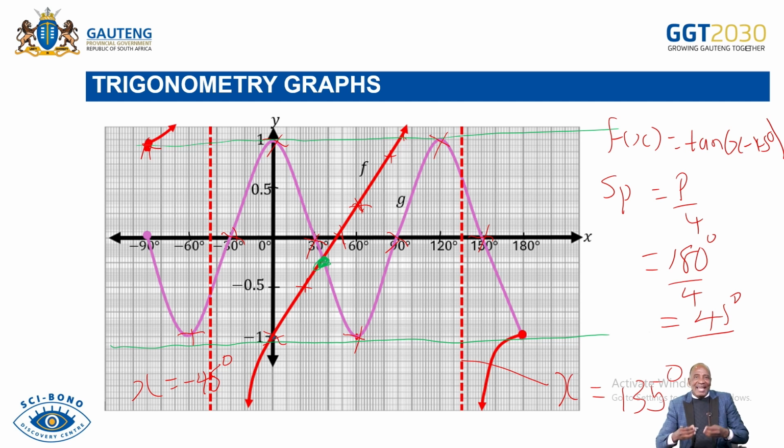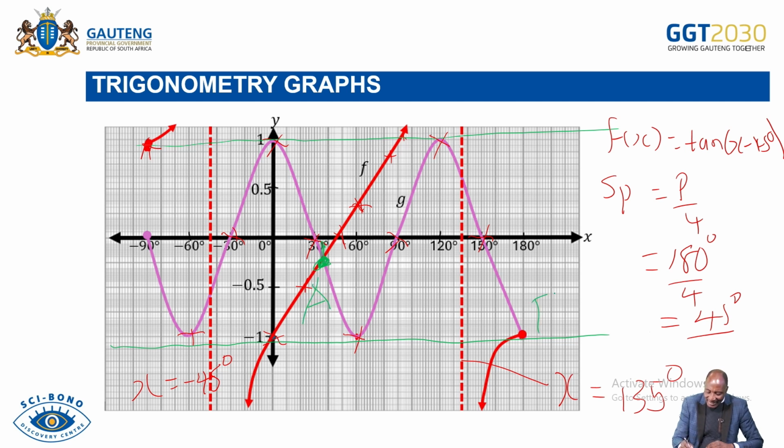It's a drawn diagram, not a sketch, because I used proper graph paper to draw the graph, meaning I can read this answer where these two graphs meet. They meet again at 180 degrees. When x is 180 degrees, the two graphs will meet. So in this interval of negative 90 degrees to 180, we see these two graphs meeting twice. They meet at this point that I will call point A.